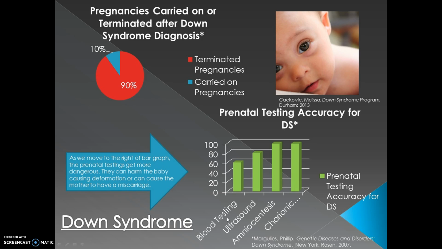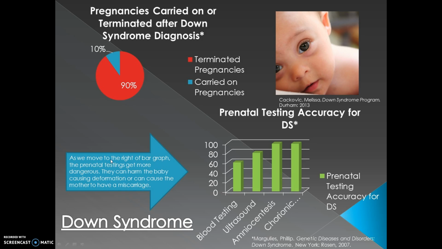Blood testing, so that's just taking blood from the mother's arm. An ultrasound, which is using sound waves to get an image of the child. Amniocentesis, which is when they take a big needle and stick it into the amniotic sac around the child. And then chorionic villus testing, which is something similarly invasive.